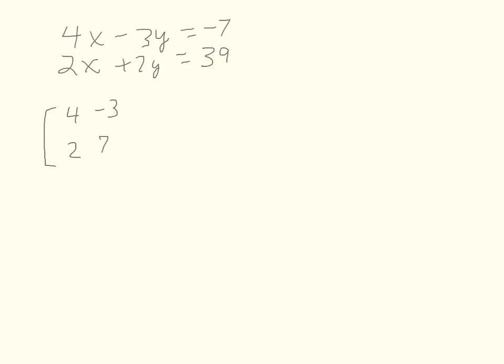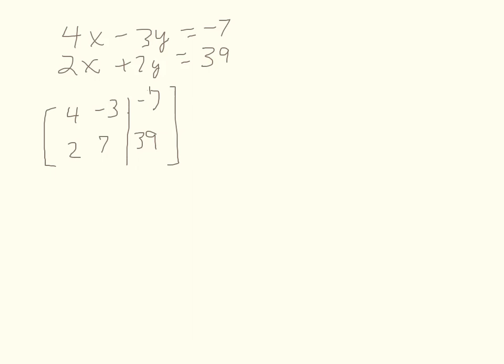And then we have on the other side of this kind of partition here, your values on the right-hand side. Okay? So you can see if you read this, you'd have 4x minus 3y equals negative 7, and 2x plus 7y equals 39. With the matrix method, the idea is to get ones on the diagonal and zeros everywhere else.